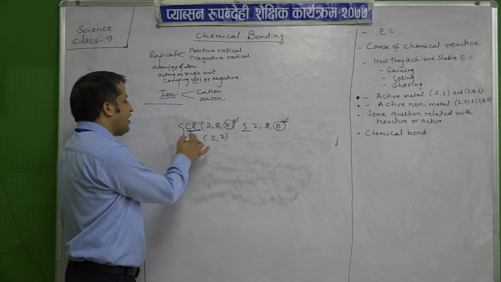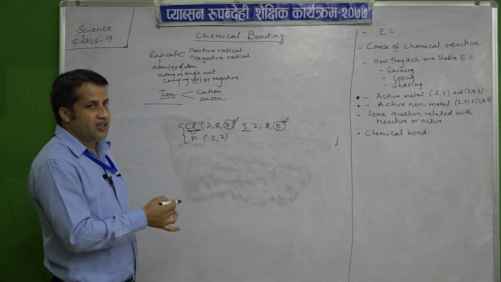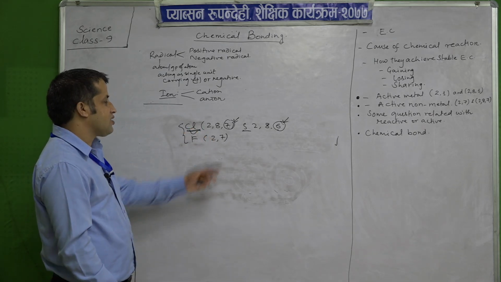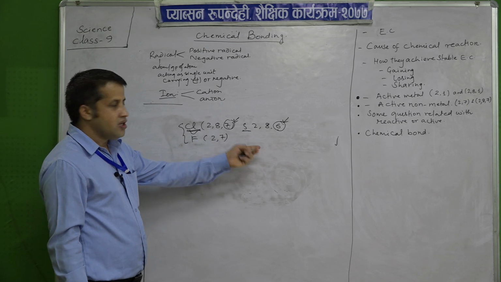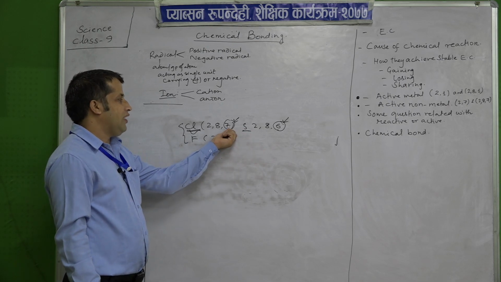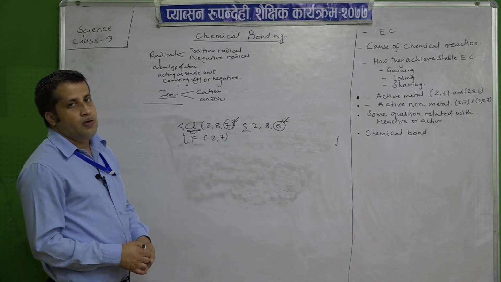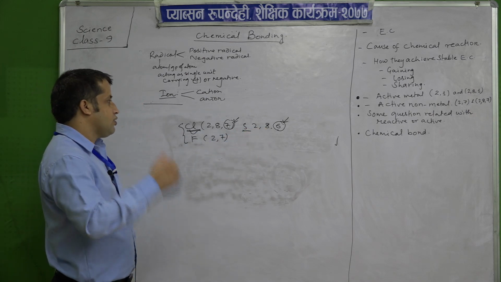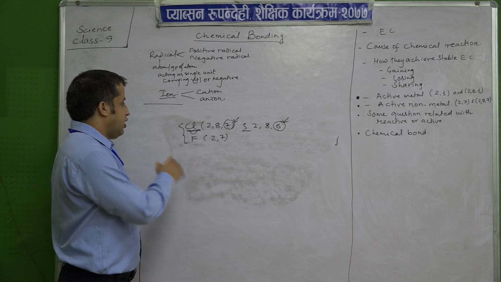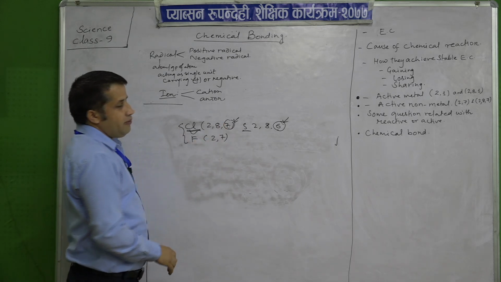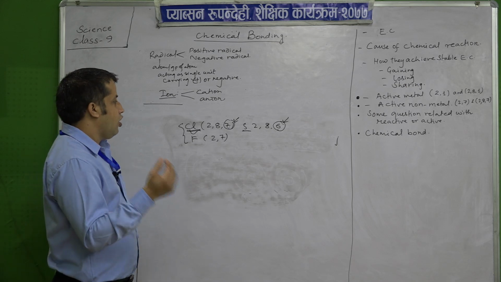So chlorine is more active, and it can react easily with other elements as compared to sulfur, because it requires only 1 electron to become stable, whereas sulfur requires 2. So that's it about the active metal and active non-metal.